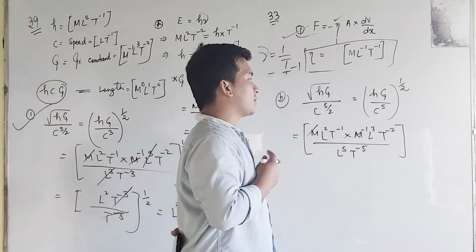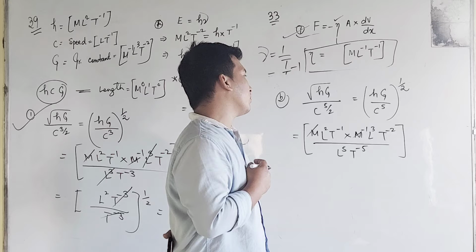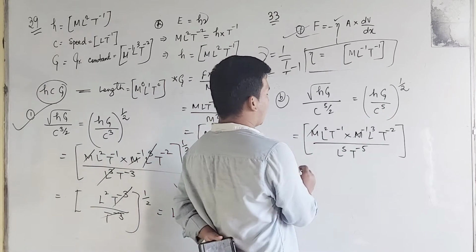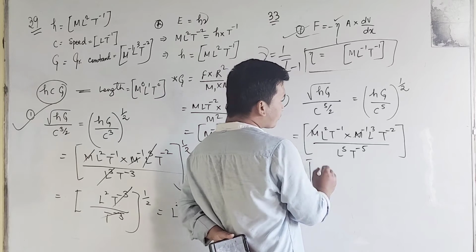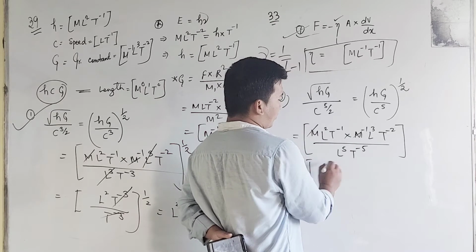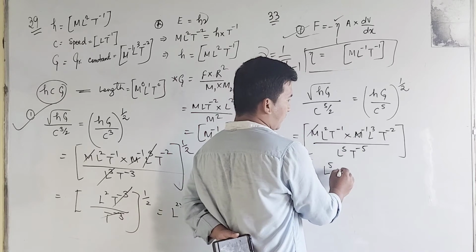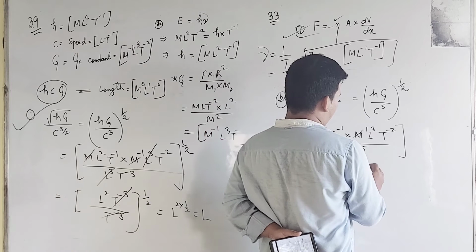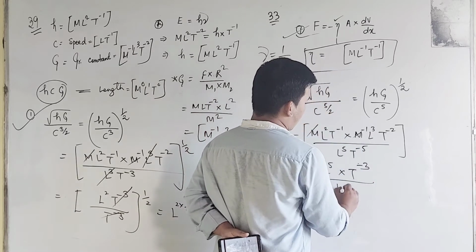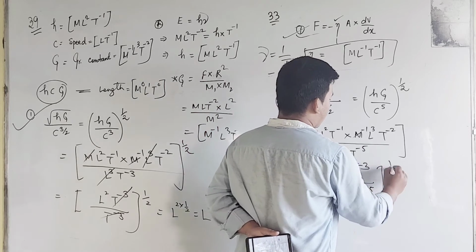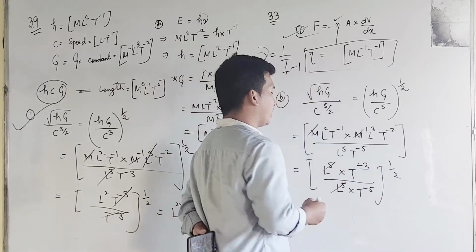Just forget about the length. This is l to power 5 into t to power minus 3, divided by this l to power 5 and this t to power minus 5, which is half of l to power 5, l to power 5.